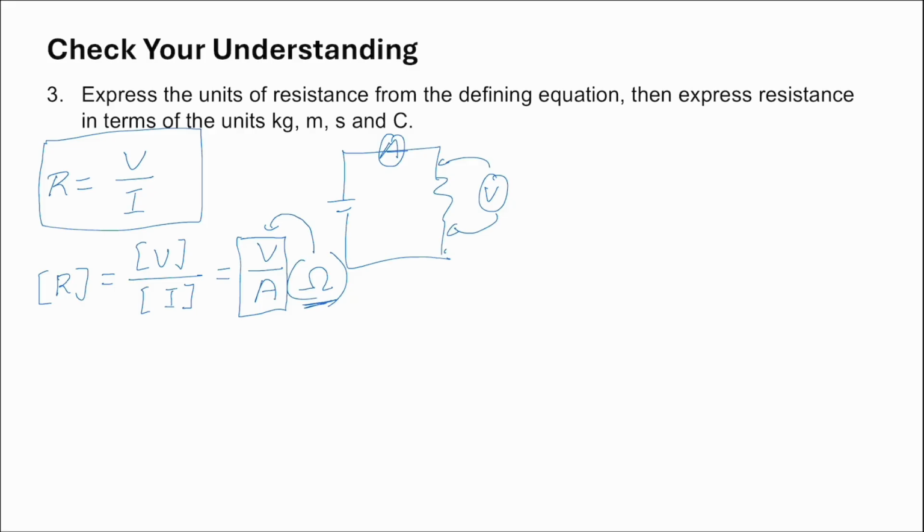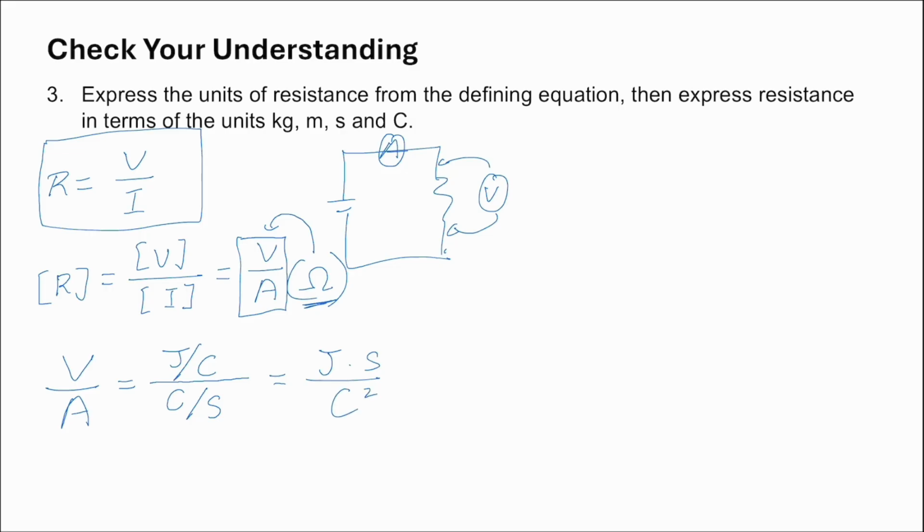Next, we want to break it down. So let's see. V over A, if we further break down, V is joule per coulomb, as we learned in question number 1. Ampere is coulomb per second. So do the math. This is joule second over coulomb square.